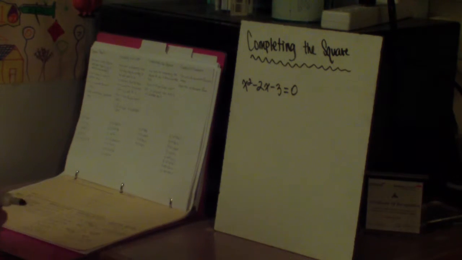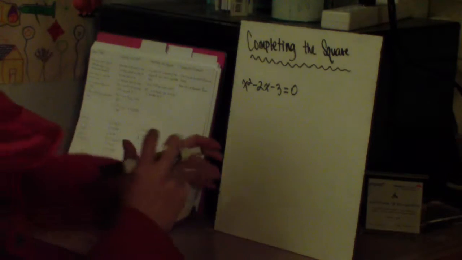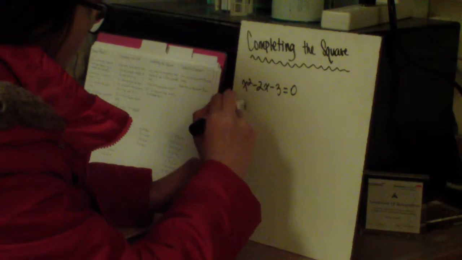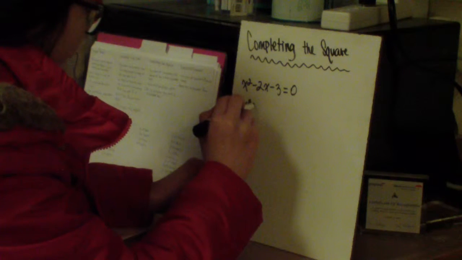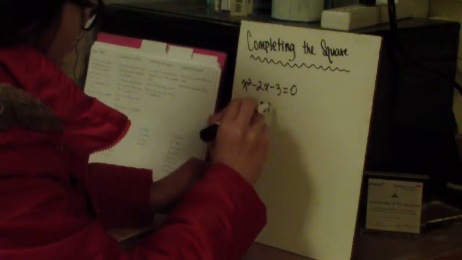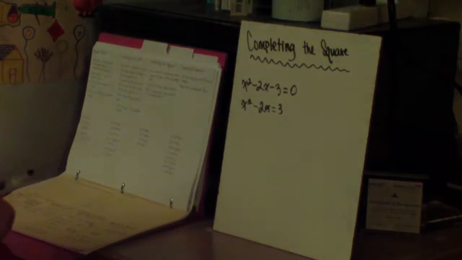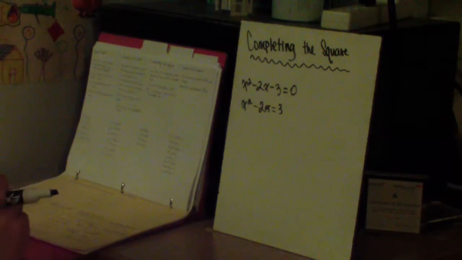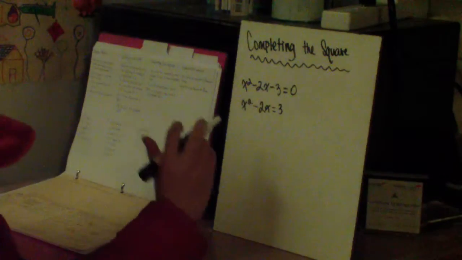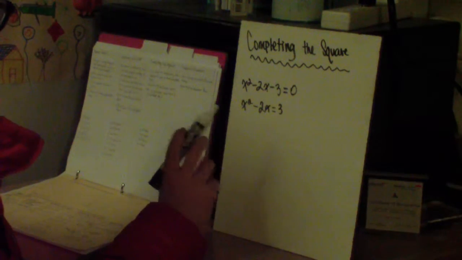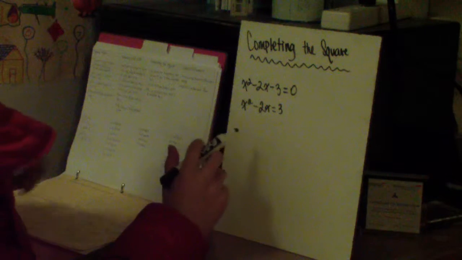Before you do anything, you can always make this easier by adding 3 to both sides, which gives you x squared minus 2x equals 3. This is where it gets a little bit complicated. You want to add (b over 2) squared to both sides.